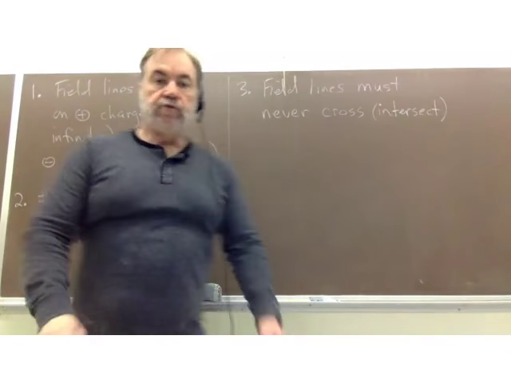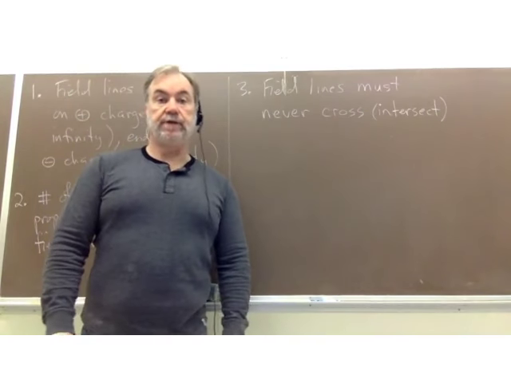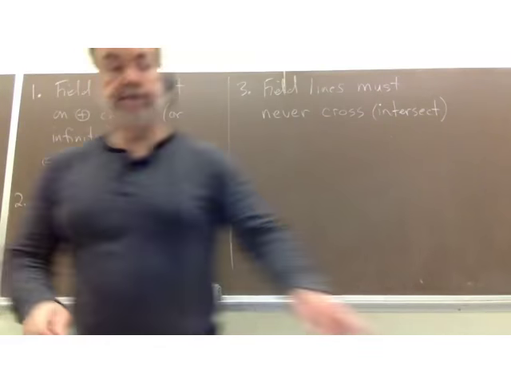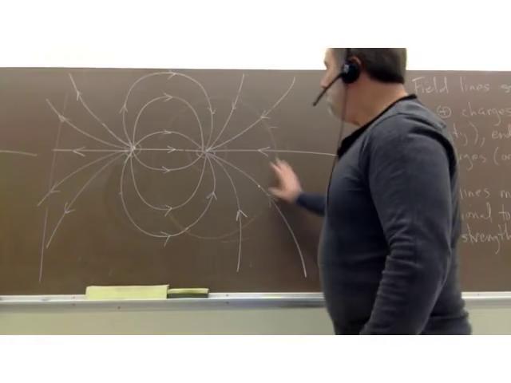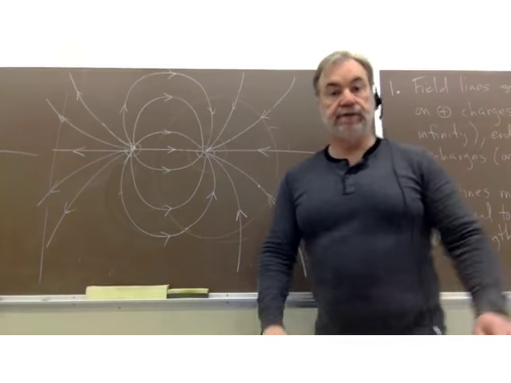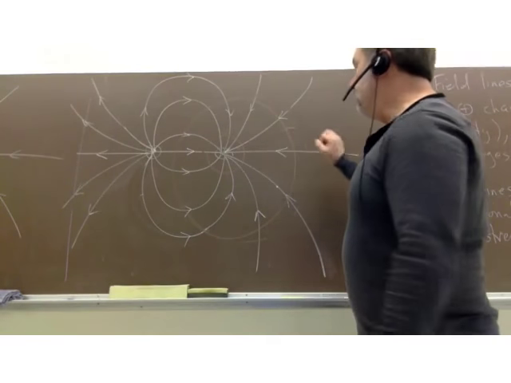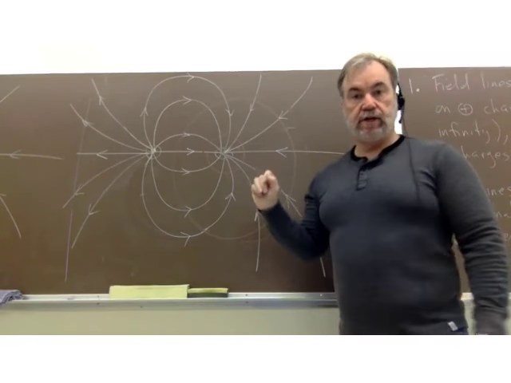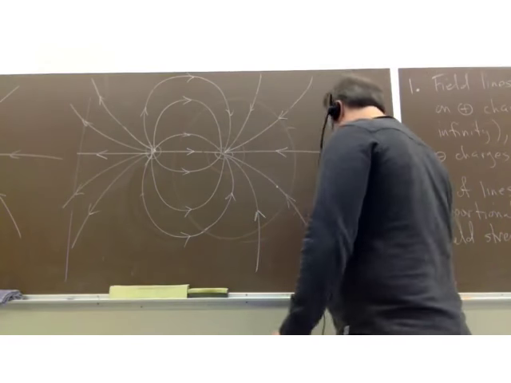Okay. When you draw your field lines in your diagram, never cross your field lines. The reason for that is simple enough. Each one of these field lines is a vector. It indicates both the magnitude and the direction of the electric field at different points.